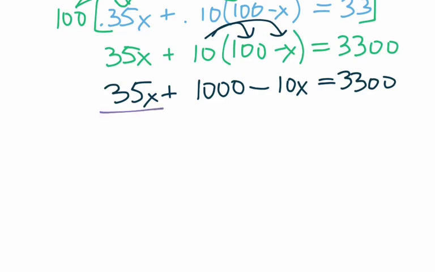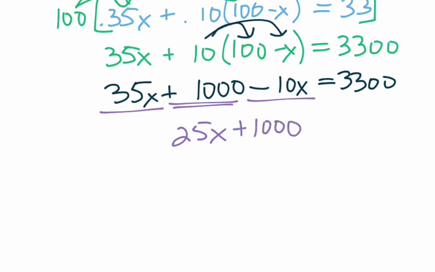I have a 35x and a minus 10x here, I have a 1,000 here, and on the right side there are no terms I can combine. So when I combine 35x and minus 10x, I'm going to get 25x plus 1,000 is equal to 3,300. Again, to get this 25, I just took 35 minus 10.